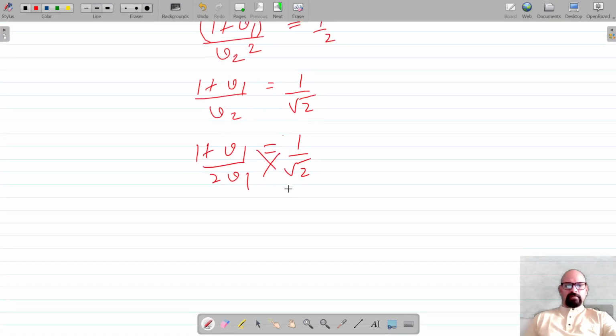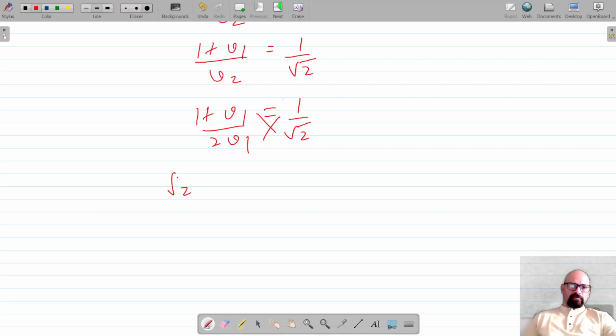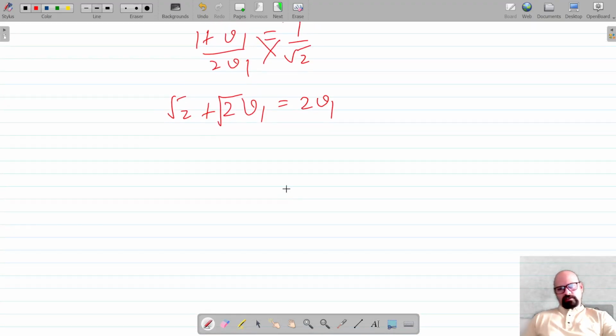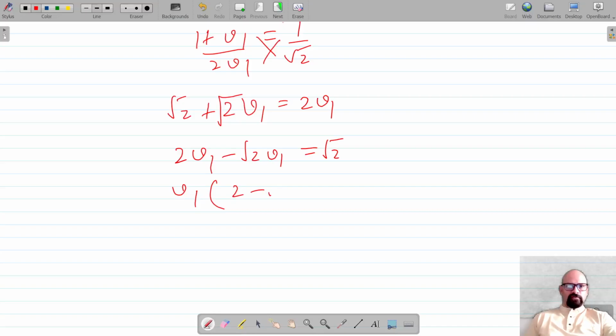And if you cross multiply this, this is root 2 plus root 2 into v1 is equal to 2v1. Okay, we have to find v1. So this is 2v1 minus root 2 v1 is equal to root 2. v1 is common, so (2 minus root 2) v1 is equal to root 2. And v1 is equal to root 2 upon 2 minus root 2.